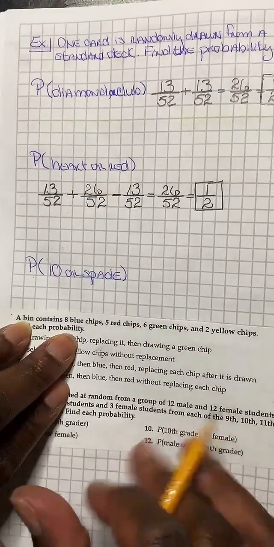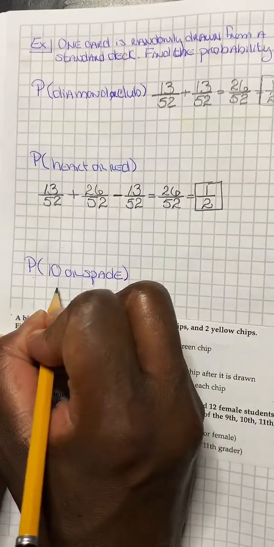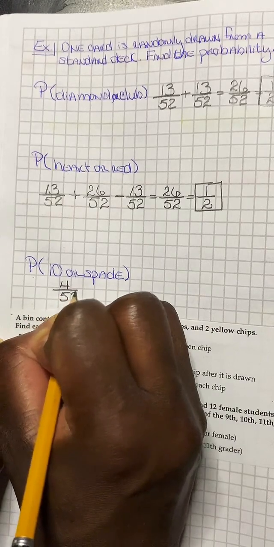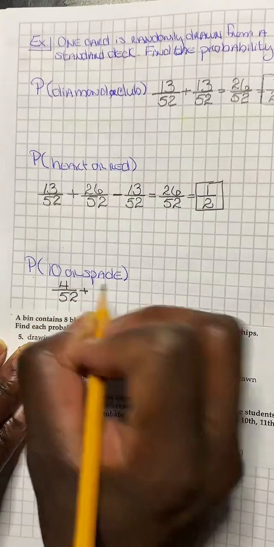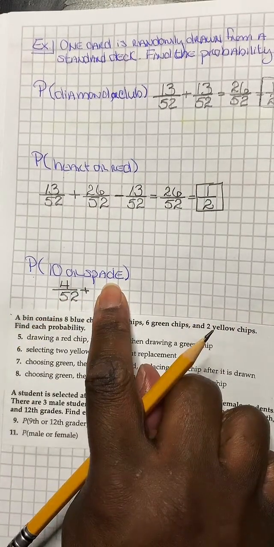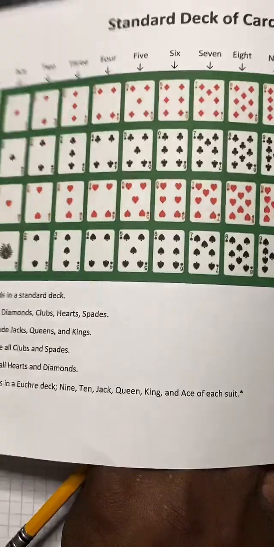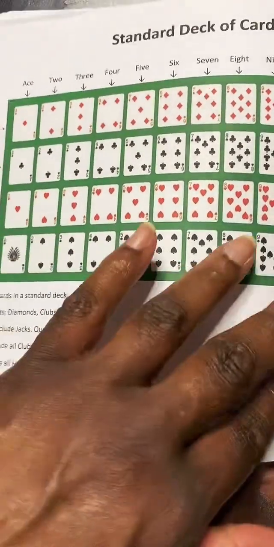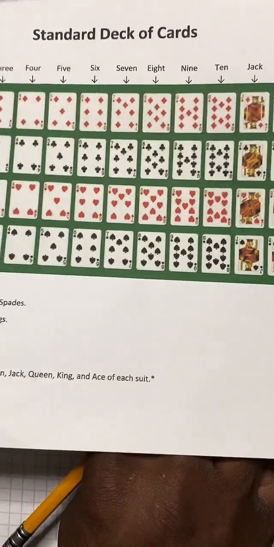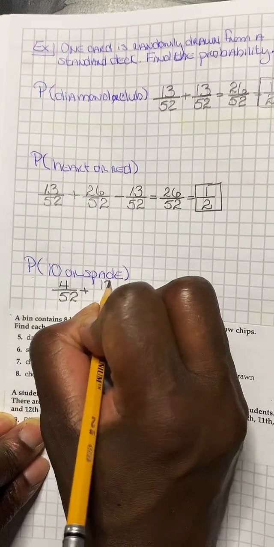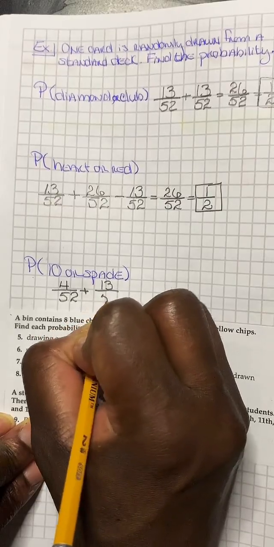So the probability of getting a 10 is 4 out of 52, plus the probability of getting a spade. You have your spades right here, and like I said, all suits have 13 cards in there. So it's 13 out of 52.